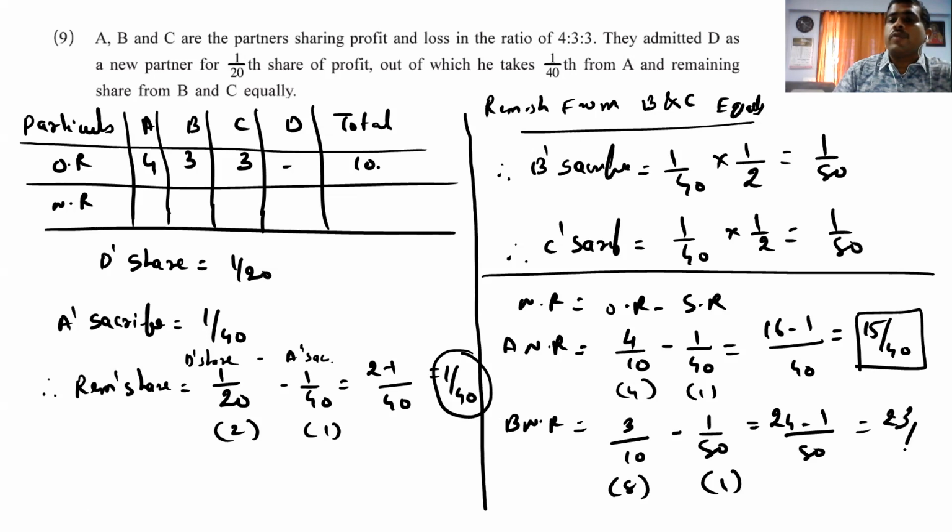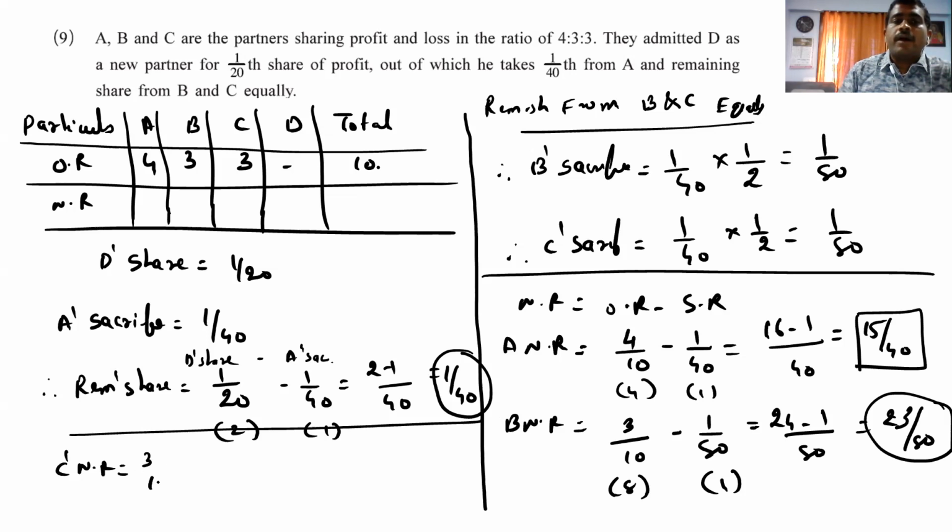It comes to 23 by 80. Then comes C. C's new ratio is 3 by 10 minus again 1 by 80. It will come the same, no change: 23 by 80.